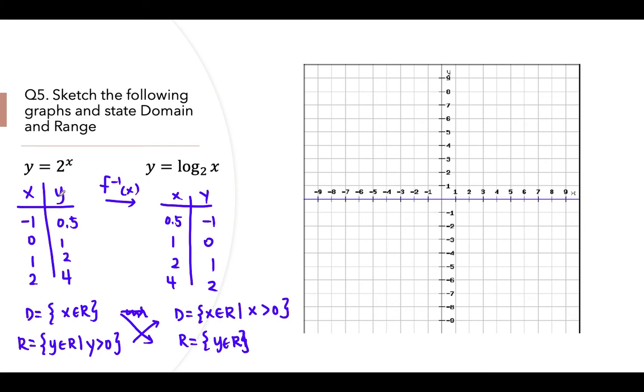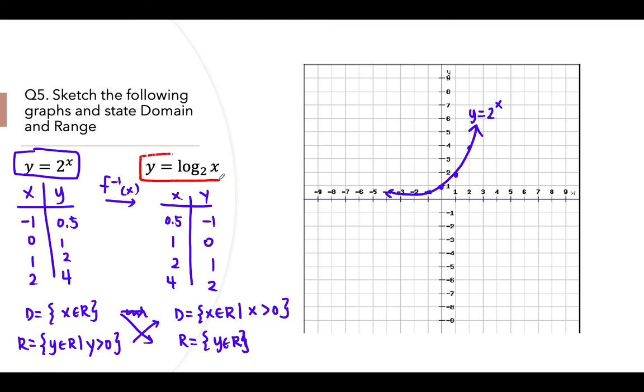So I'm going to plot my exponential function in blue color. Let's plot the points. So this is my exponential, y is equal to 2 to the x.